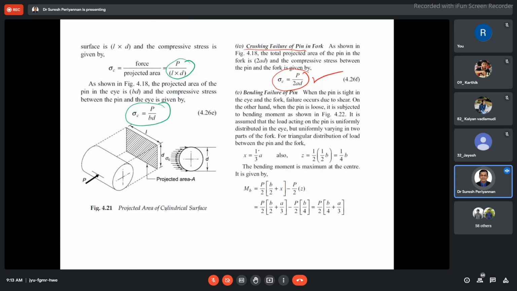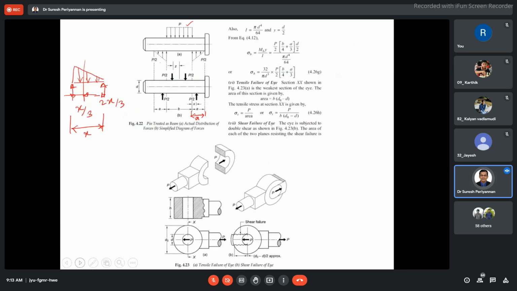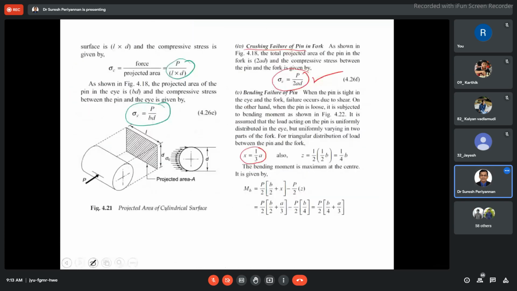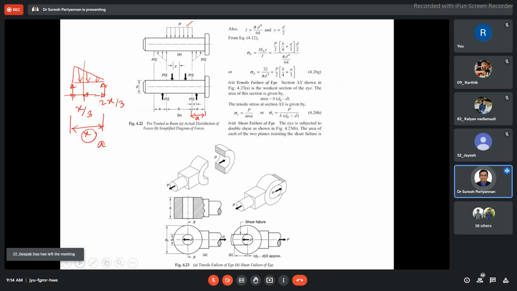Now here the bending force, x is equal to 1 by 3a. You may consider a instead of x, then x is equal to a by 3. What is Z here? Z is nothing but the center. We already assumed the center, the average, right? Now we are considering this as the center.